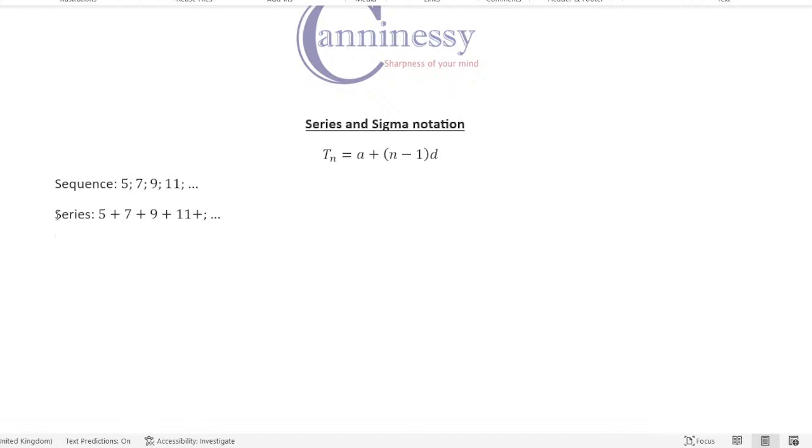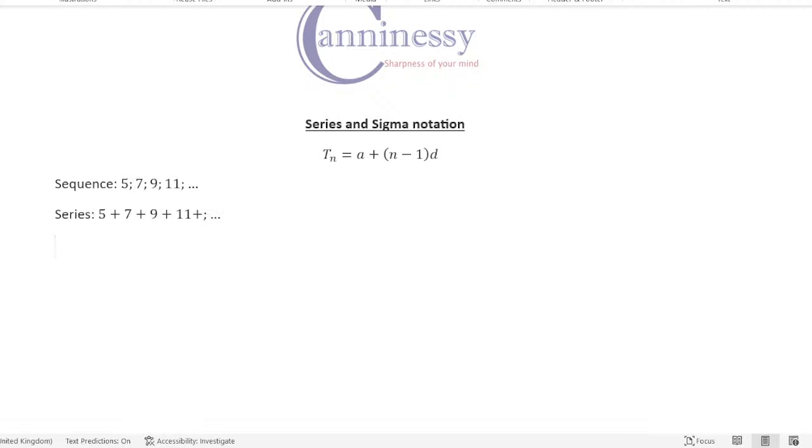Remember, when we talk about series, we talk about addition, the sum of the terms. These are the same terms, so that's why we have a plus. This series continues.